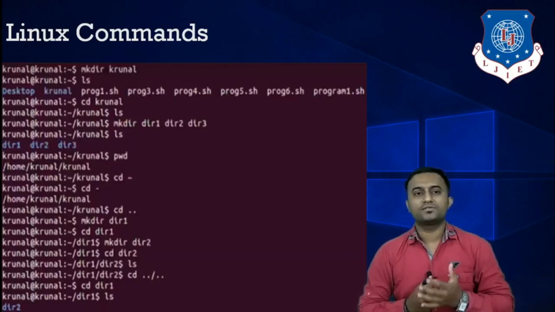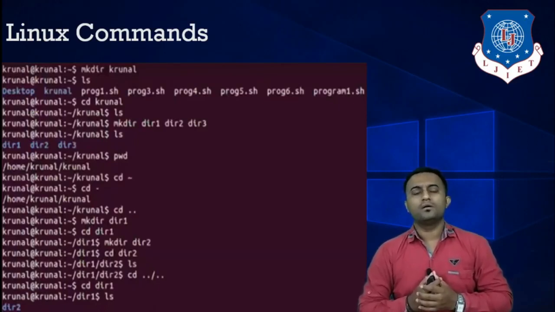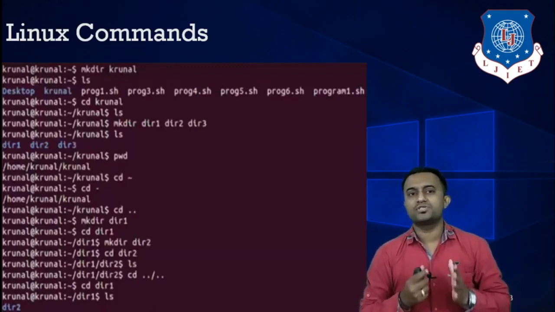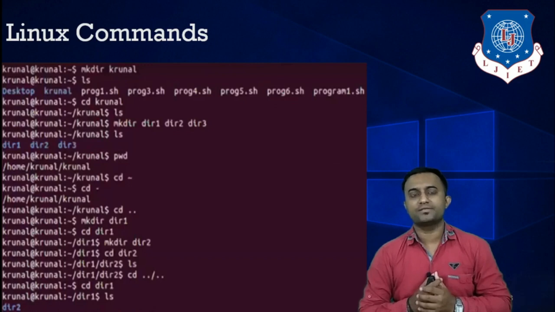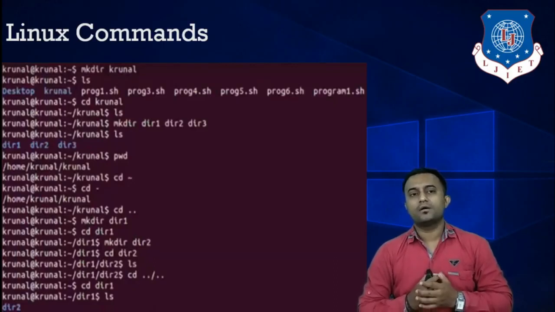in which the first statement is Kunal @ Kunal. What it means is that the first Kunal is the home directory that I created at the time of installing the Linux operating system, and the second is the machine name I created after installing the operating system.